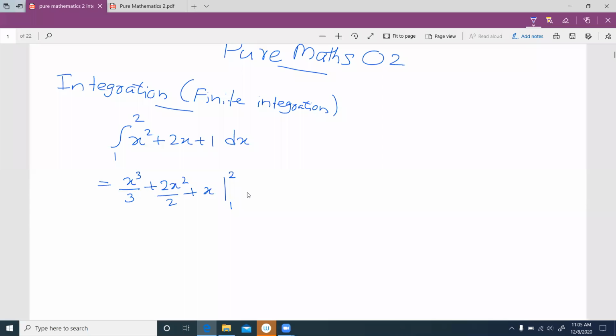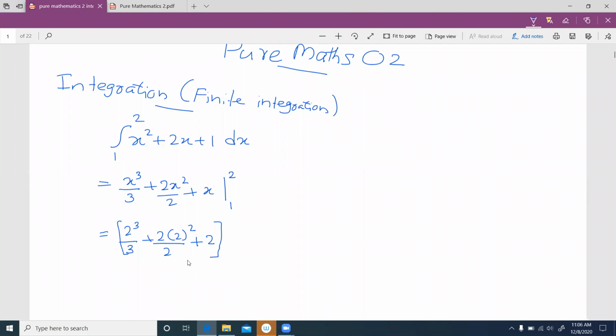First, substitute the upper boundary, which is 2. So you can say 2 cubed over 3 plus 2 times 2 squared over 2 plus 2. This is the substitution of the upper boundary.